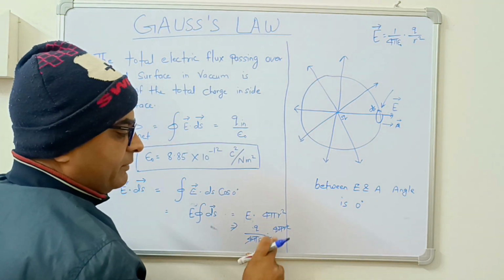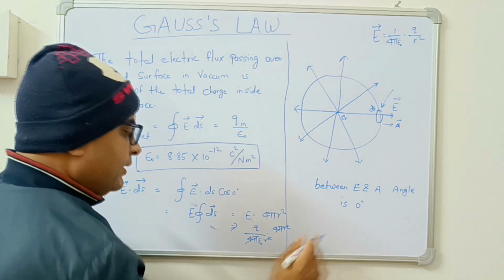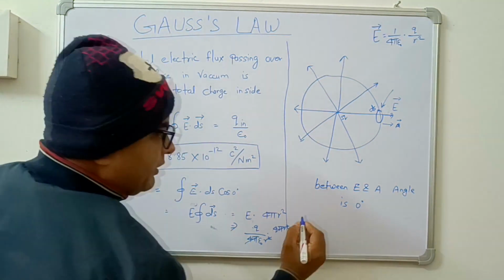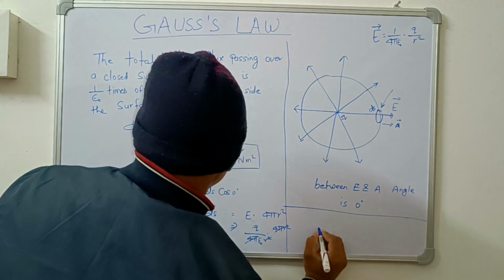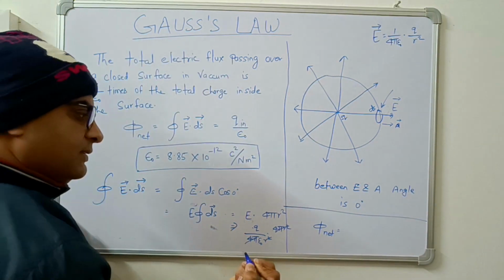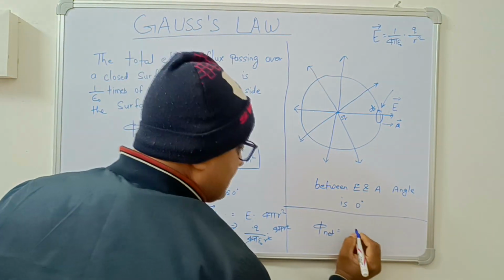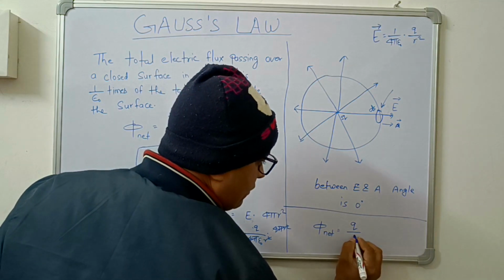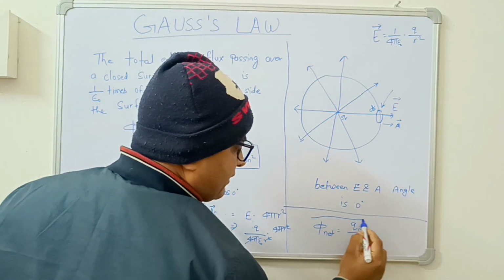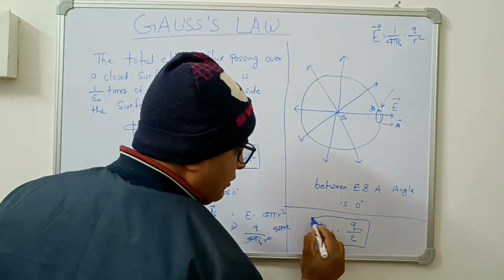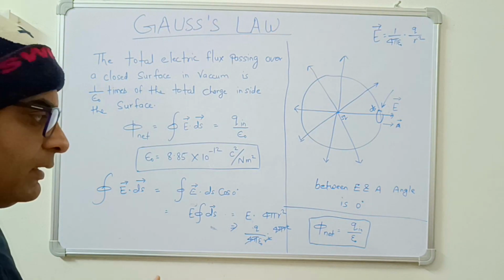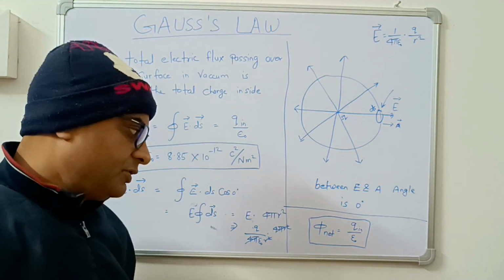The term 4 pi r square gets cancelled, and you are left with only the total flux. This equation gives the net flux, q upon epsilon naught, the total net charge inside the closed surface upon epsilon naught. So this gives the proof of Gauss law.